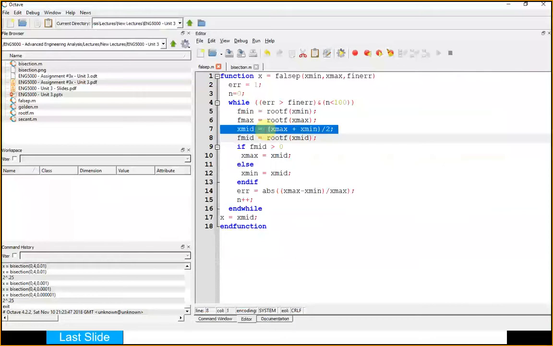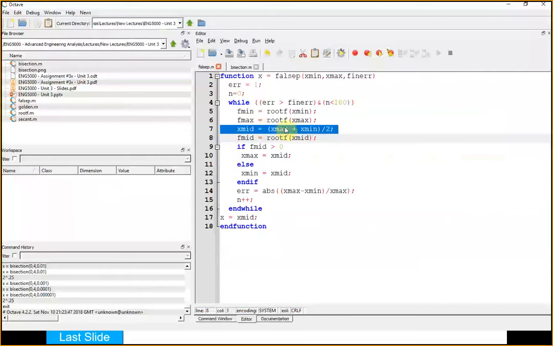This highlighted line is where you identify what the new limit should be. All I'm asking you to do is change that line to what it should be for the false position case.